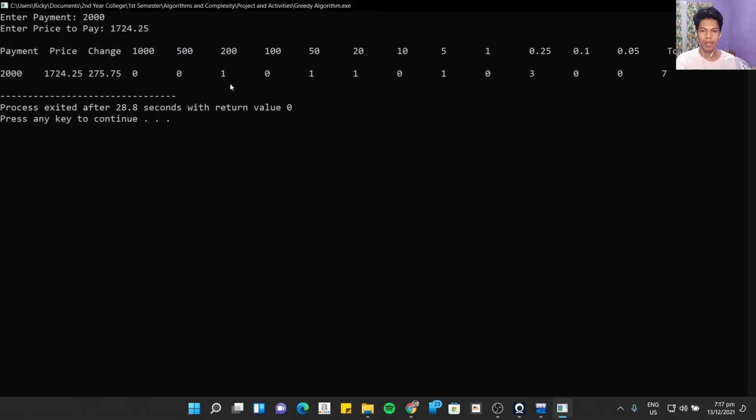In this, the program says 1 piece each of 200, 50 pesos, 20 pesos, 5 pesos, and 25 cents, and the total for the change is 275.75. The total is 7.